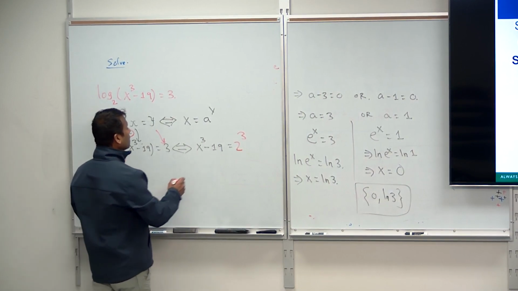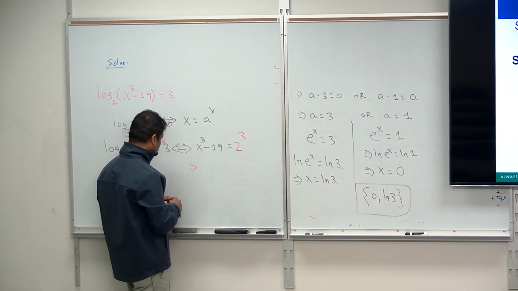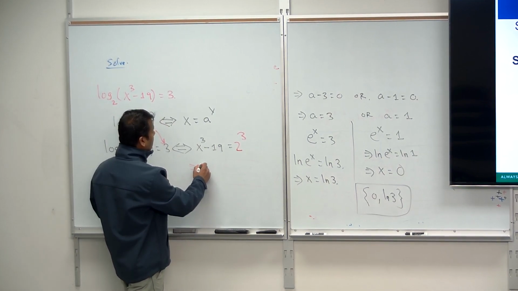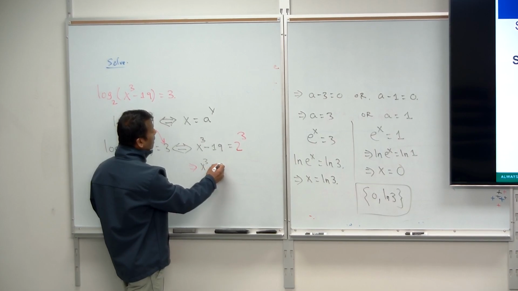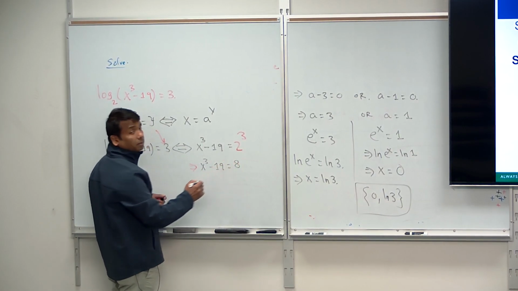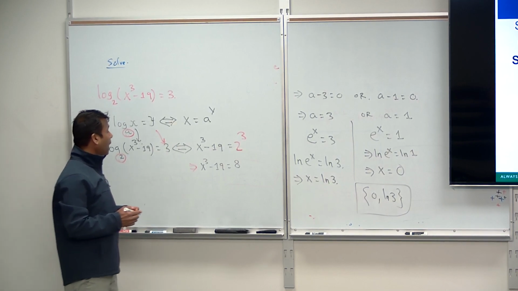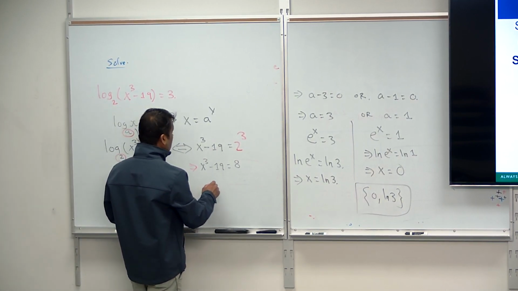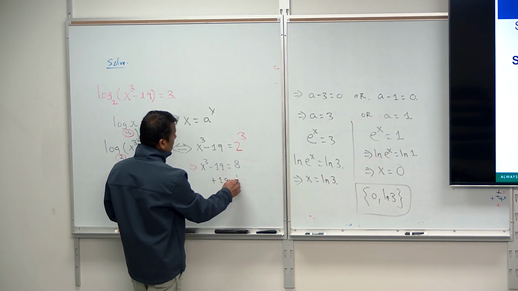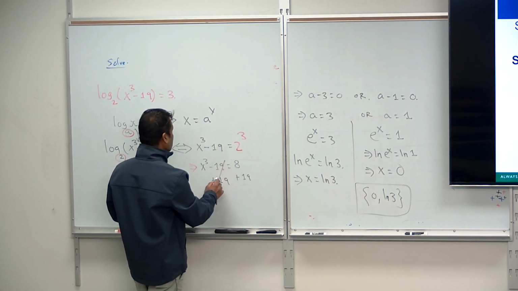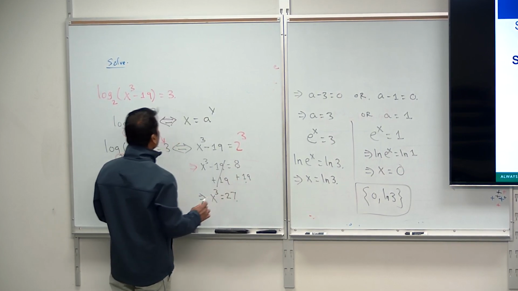And so this is x cubed minus 19 equals 8. So you add 19 on both sides, plus 19, you cross them out. So that will give you x cubed equals 8 plus 19, which is 27.